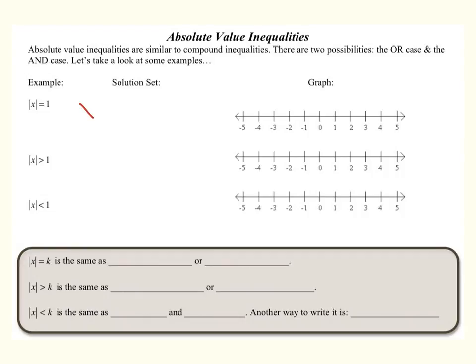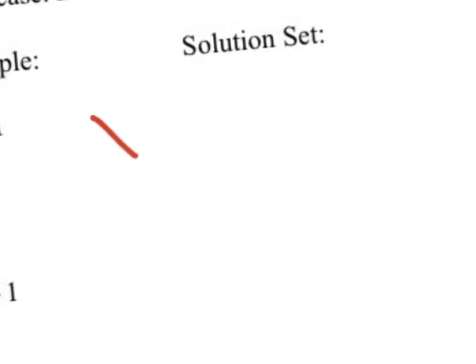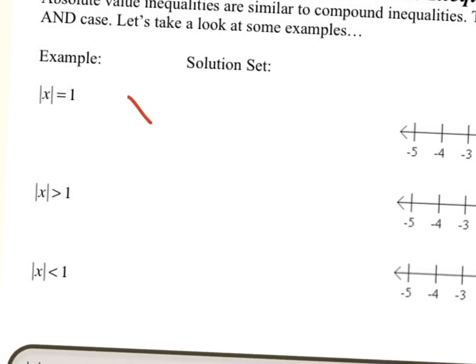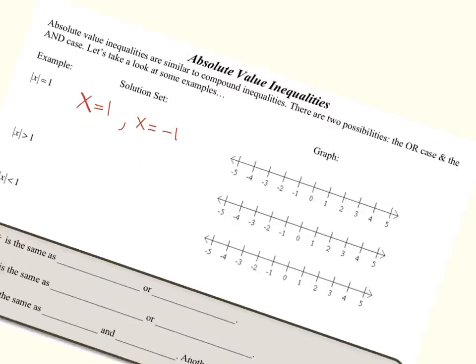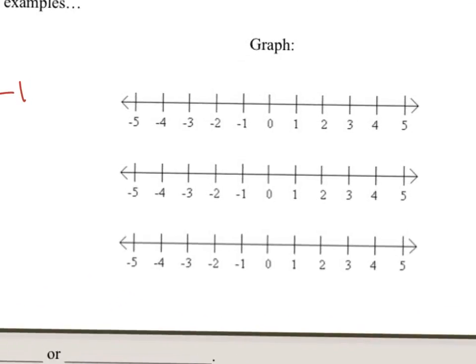Let's try to write that a little neater. x equals 1 and x equals -1. So if those are your two solutions, that's it. -1 and +1. So if you're trying to graph it, you would say, okay, that's my solution. That's my solution. There are two solutions.